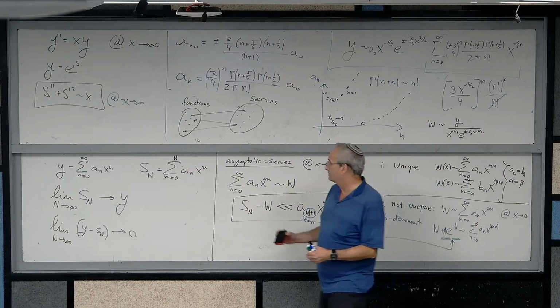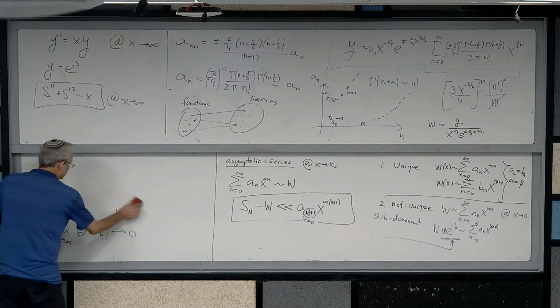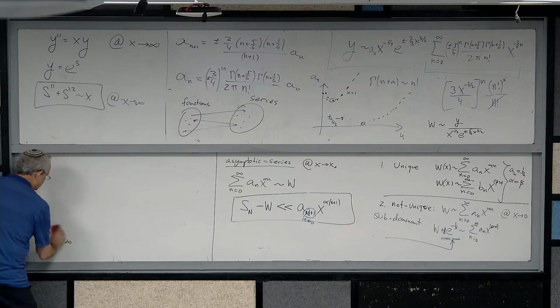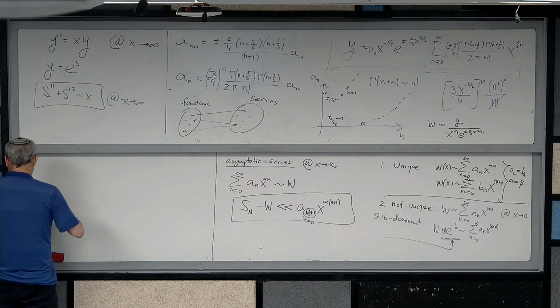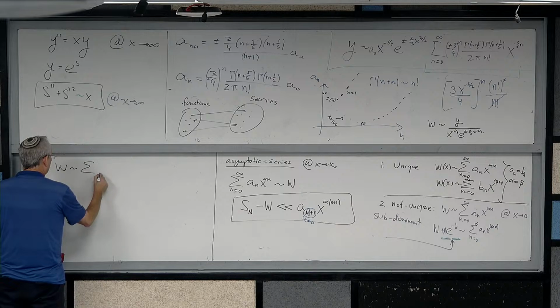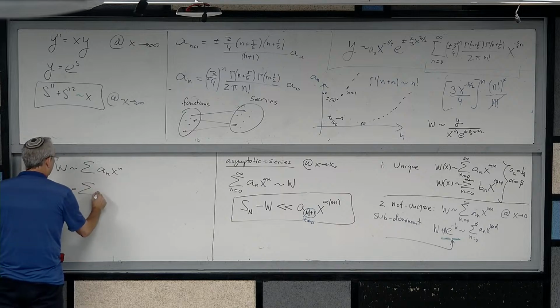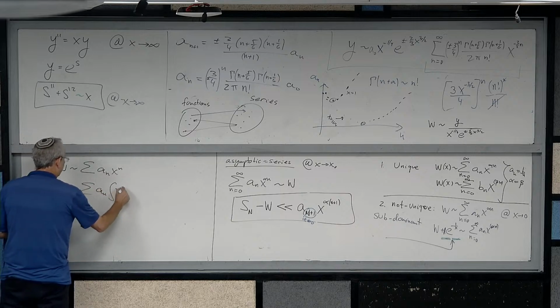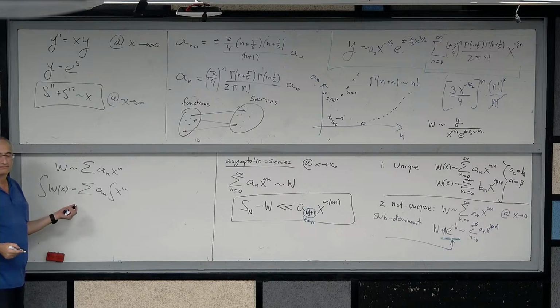Which means you see that if W is asymptotic to a n x to the n, can I say that the integral over W dx is the sum of a n times the integral of x to the power of n? For us to be able to do this, the sum needs to uniformly converge, and here it doesn't even converge.